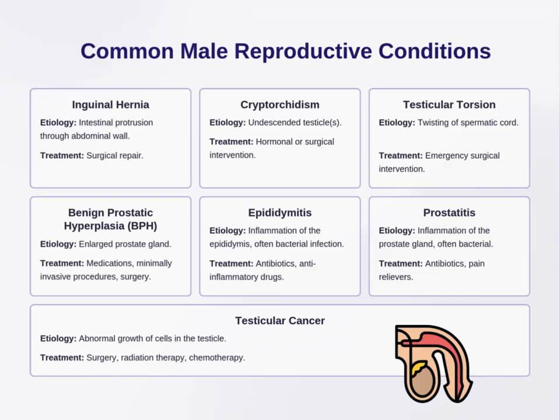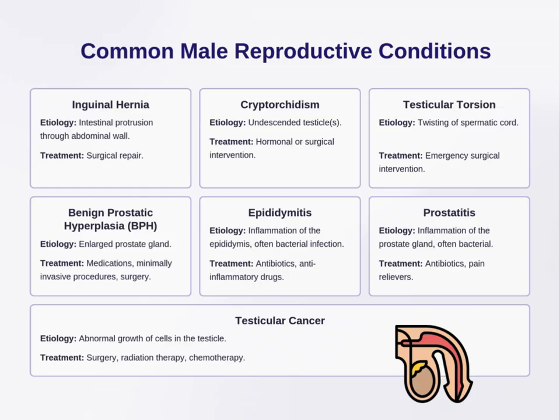Benign prostatic hyperplasia, or BPH, is an enlarged prostate gland. In the male, the prostate gland is around the urethra. And so one of the diagnostic factors is that they're unable to eliminate urine appropriately because of the urethra being kind of closed off.